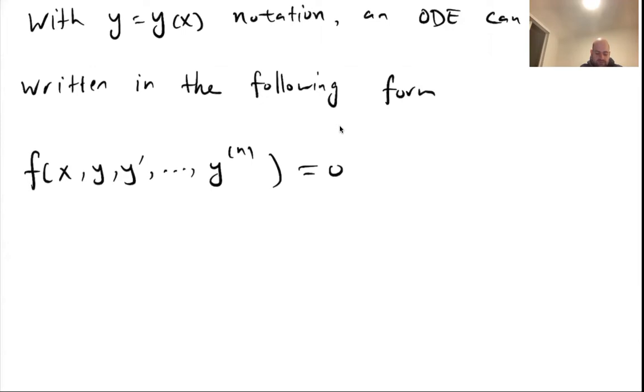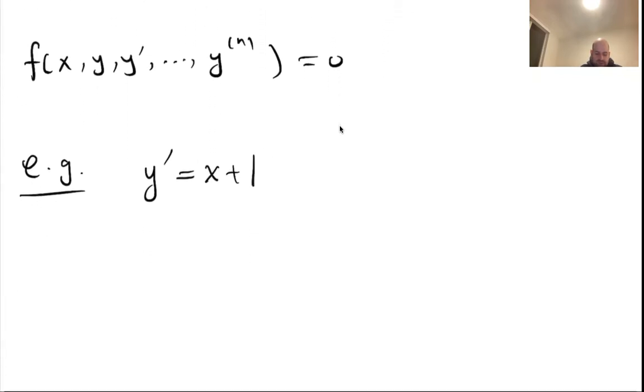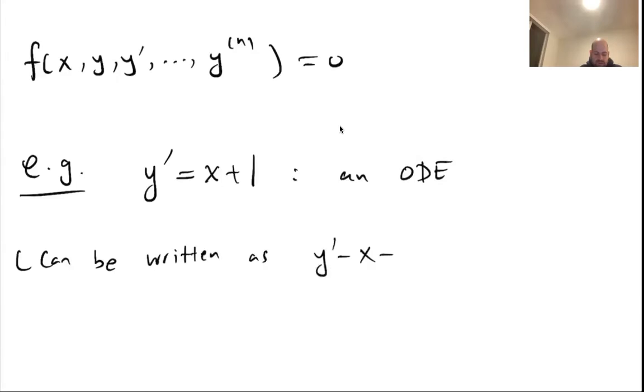So for example, let's say y prime equals x plus 1. This is an ODE. Why? Because it can be written as y prime minus x minus 1 equals 0. So this is basically my f of x, y, y prime here.